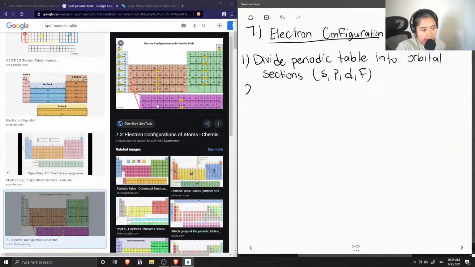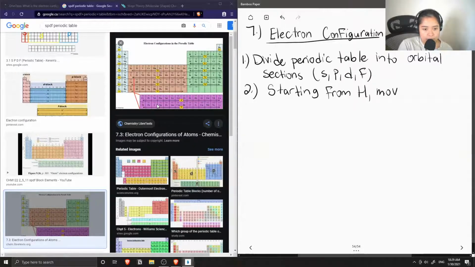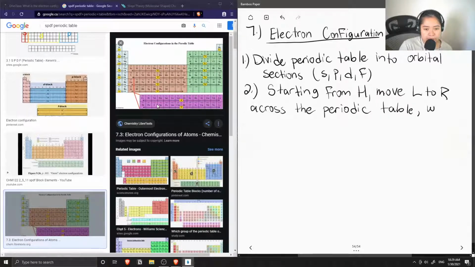So after dividing your periodic table into the different sections, starting from hydrogen, we move left to right across the periodic table, and from there we would write the row number followed by the block letter.